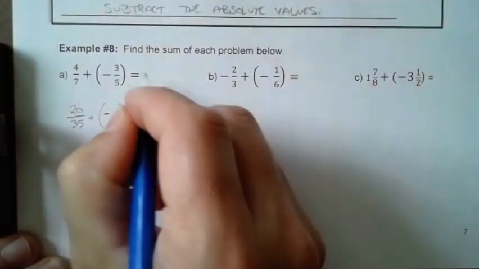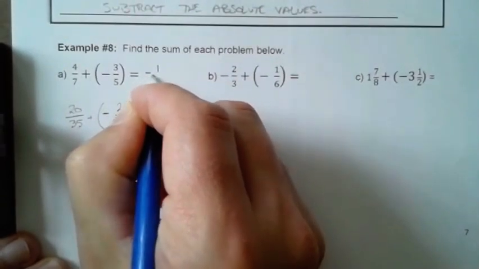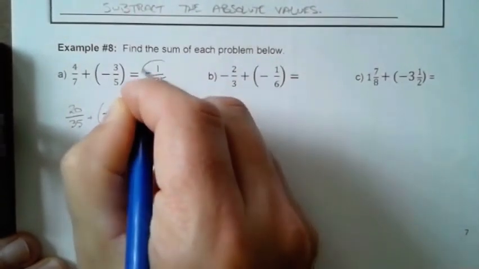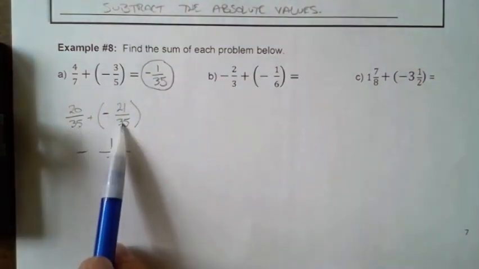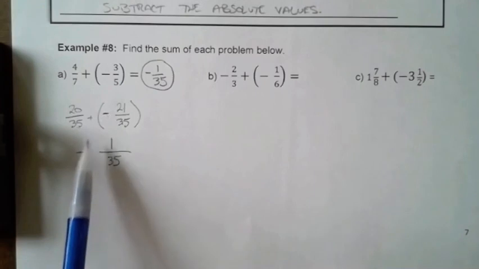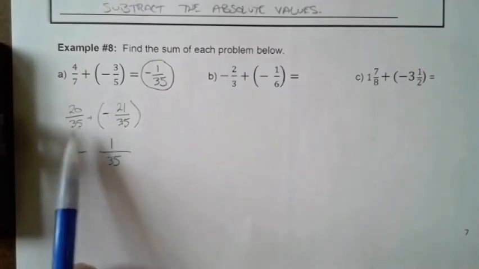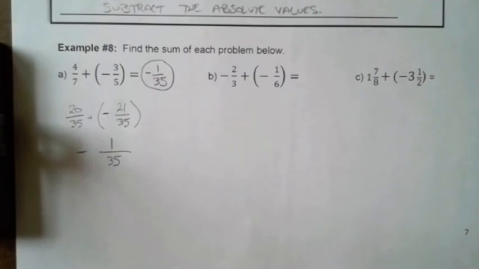So the answer to 4/7 plus -3/5 is -1/35. Again, we get those common denominators, look at the sign of the number with the bigger absolute value, which was the negative in this example, and because they were different signs, we subtract those absolute values.